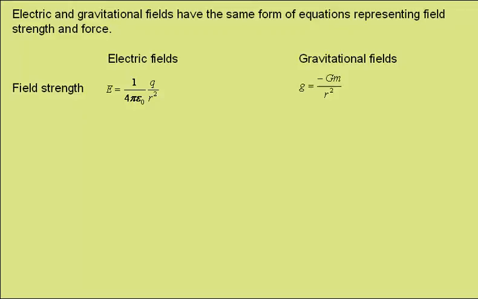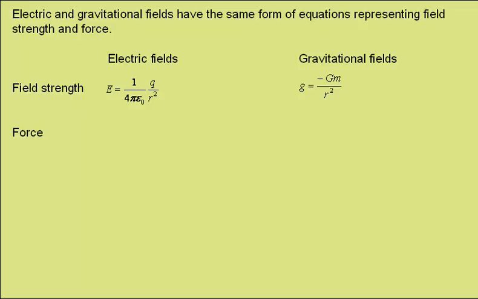A gravitational field, g, is given by minus the gravitational constant big G multiplied by the mass m over the separation squared. So both are equal to a constant multiplied by the property concerned, be it charge or mass, divided by the distance from that charge or mass squared.